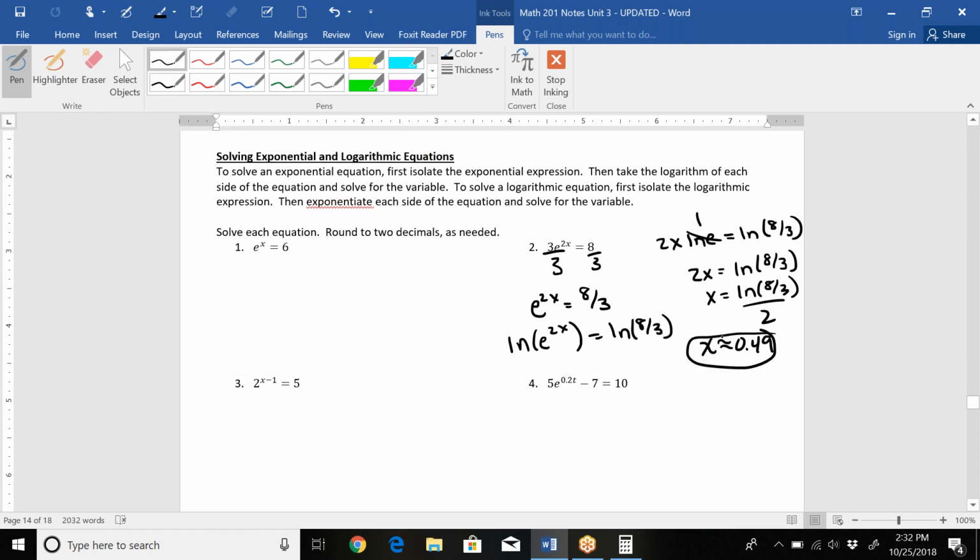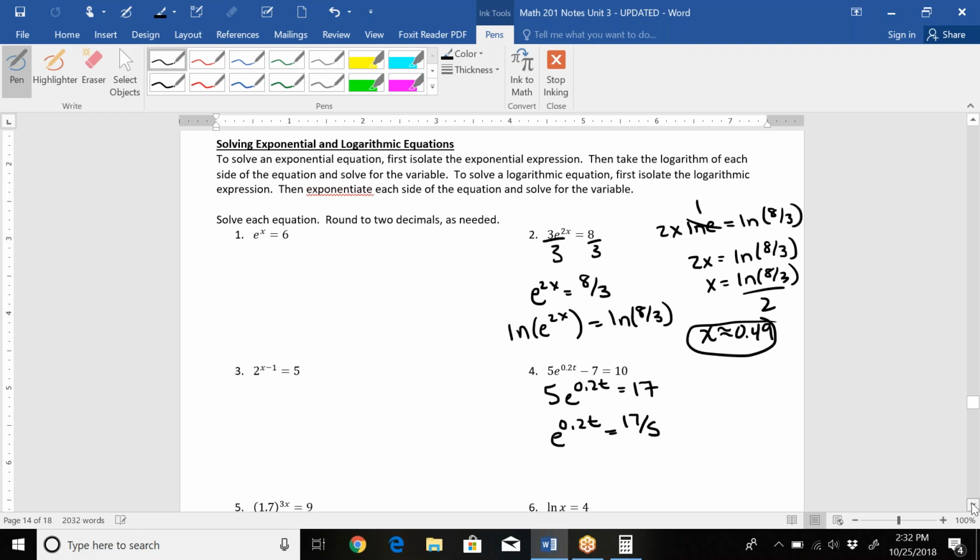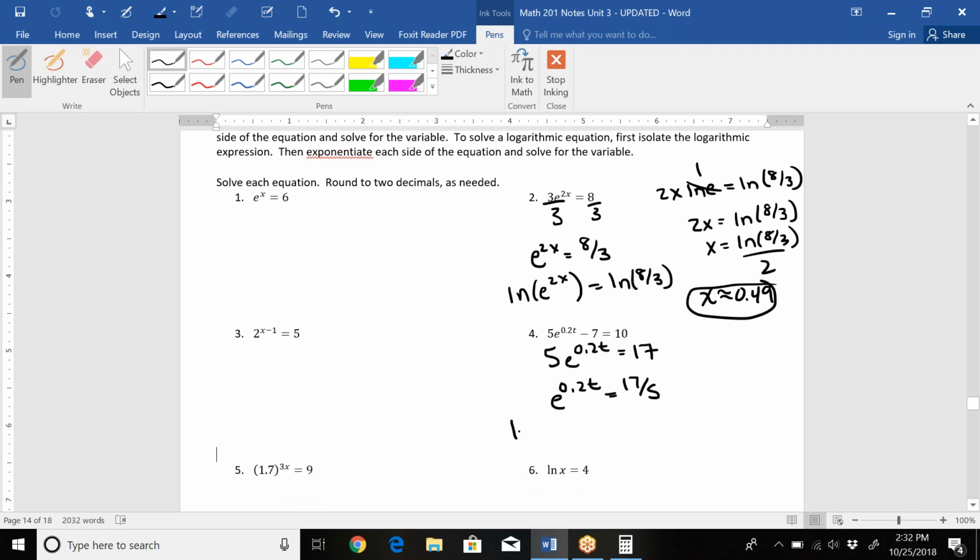Okay, let's look at our next one. This one, we need to isolate the e again. So we need to add that 7 over. So that'd be 17. Then divide both sides by 5. So you do this so that when you take the natural log, all you have to worry about is the e on that side. So natural log of e to the 0.2t equals natural log of 17 over 5.